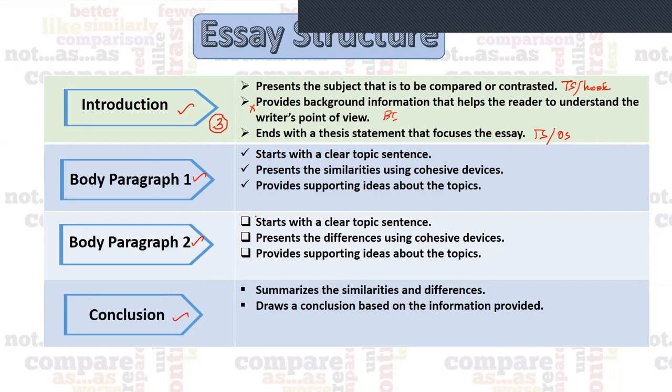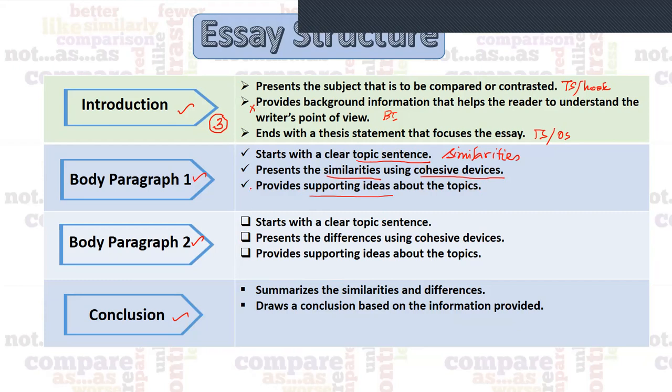Now, let's move on to body paragraph 1. Again, you start with a clear topic sentence, which means you're going to describe the similarities here. So you give a topic sentence concerning the similarities. And then you present the similarities with cohesive devices like similarly, likewise, and also, too. And then you provide the supporting ideas.